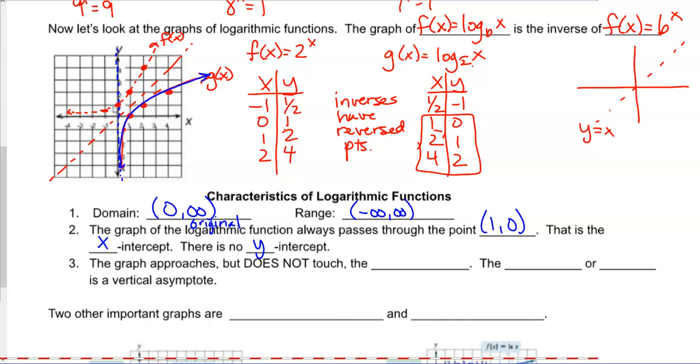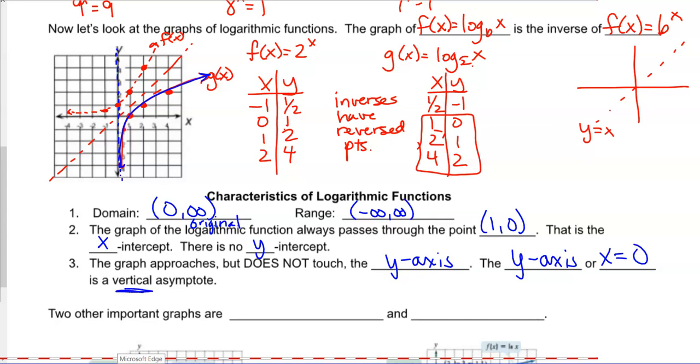There's no x-intercepts, but there is a y-intercept. Now, the graph approaches but does not touch the y-axis. So here's my y-axis, and I already alluded to that the y-axis, or the line x equaling 0, is a vertical asymptote. Okay, so you want to make sure that you have that down.